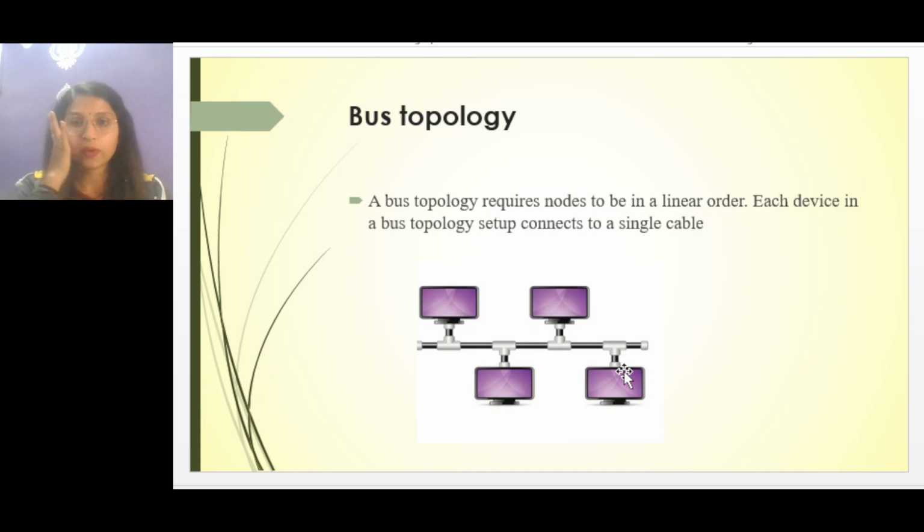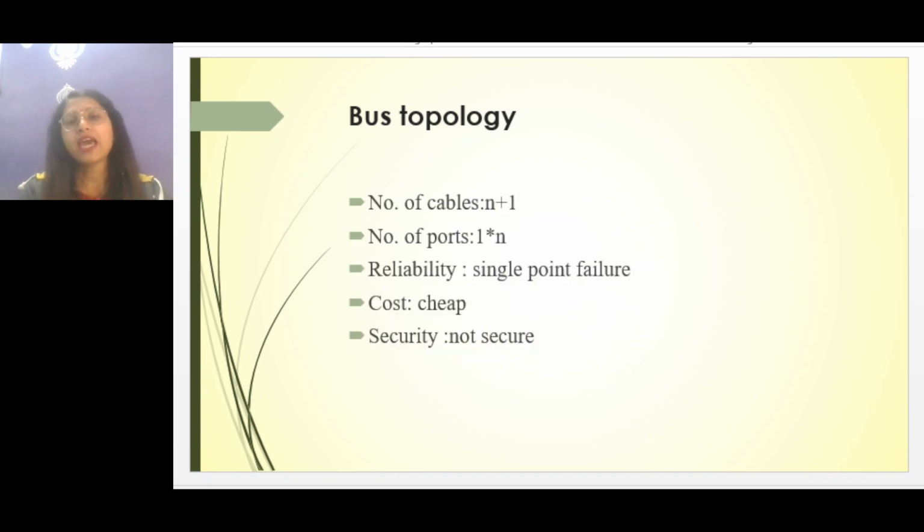For every node you require one drop down line. So if there are n computers, you require n drop down lines, and there will be one for the backbone. So the answer will be n plus 1. For example, if there are 5 nodes, it is 5 plus 1 for the backbone. So n plus 1.